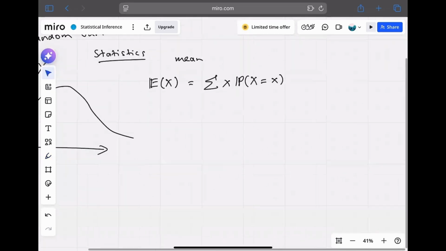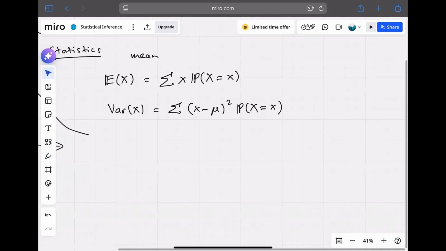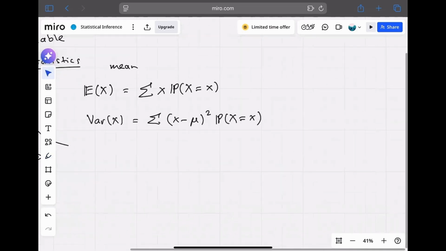And then variance is the sum of the squared distances from the mean times the probability that x is x. Now this is a whole lot of notation, but understanding it is kind of crucial because that's where all of sample means and the distributions come up.